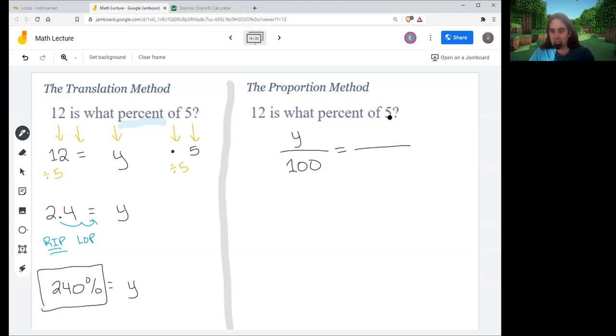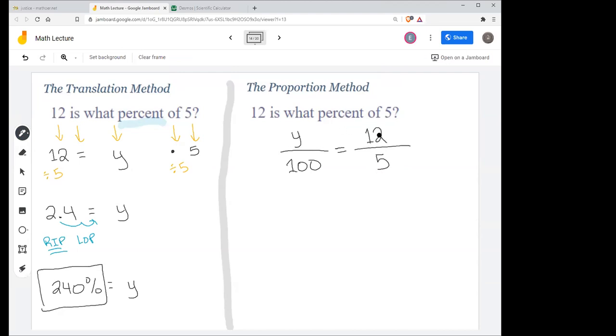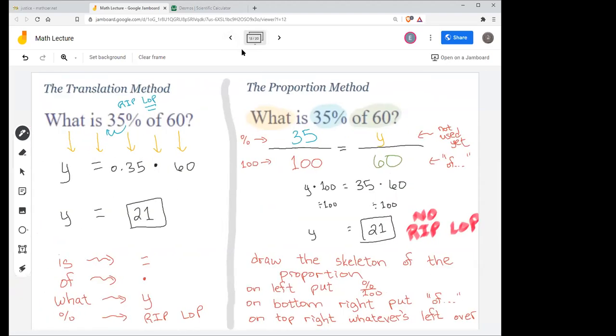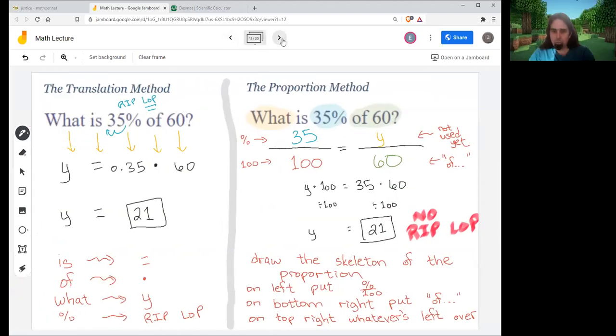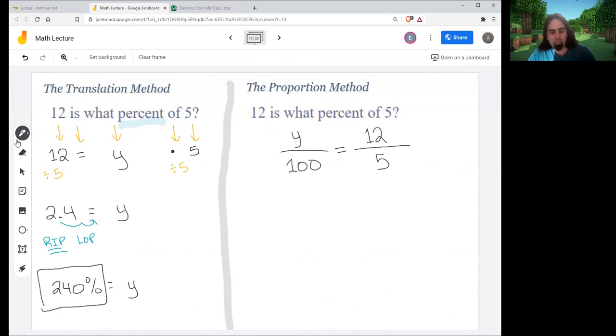The 5 is of something. And then the thing we haven't used yet? 12. Okay, so then I do my cross multiplying.